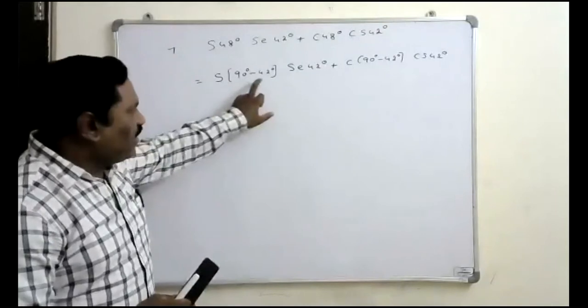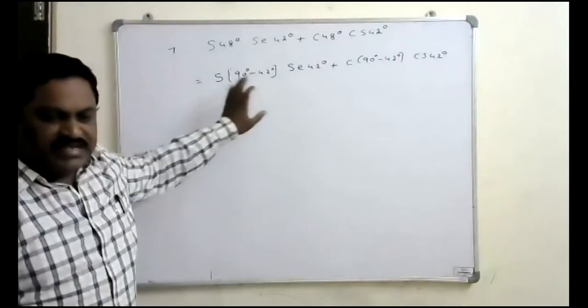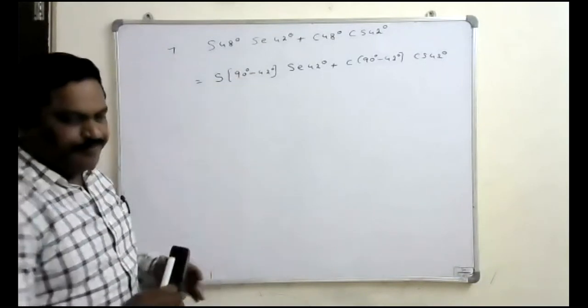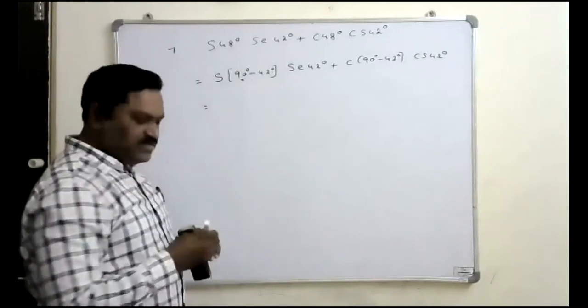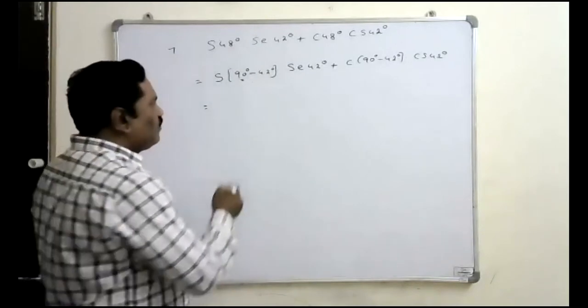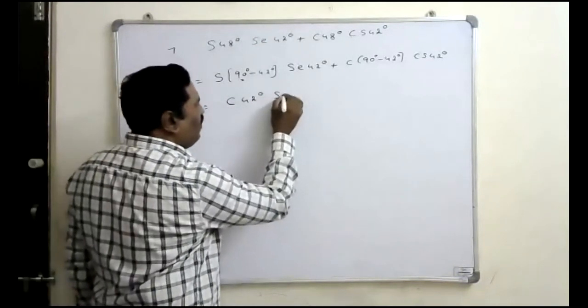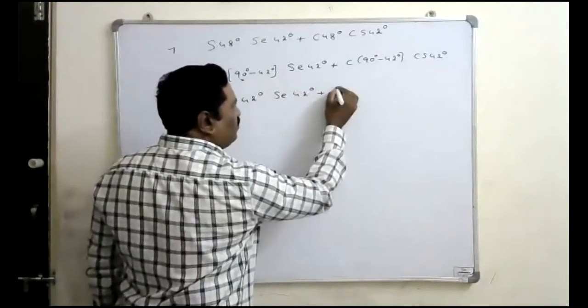It is 90 minus theta. This is the angle of the first coordinate, where sine is positive. And when the quadrant angle is 90 degree, sine changes to cos. This becomes cos 42 into secant 42 plus, here 90 is there, then cos changes to sine.